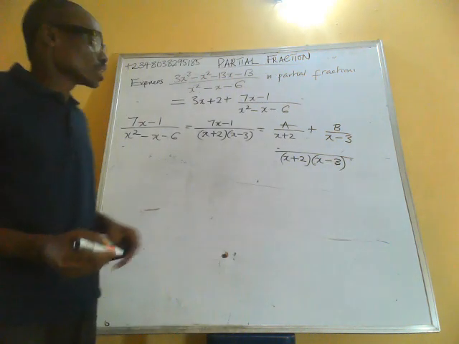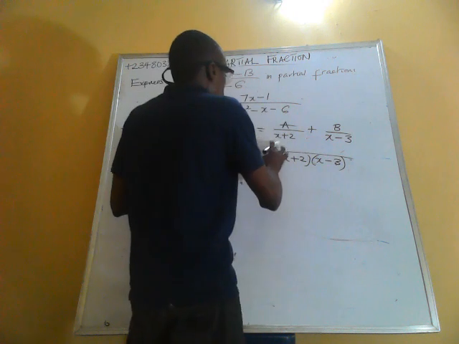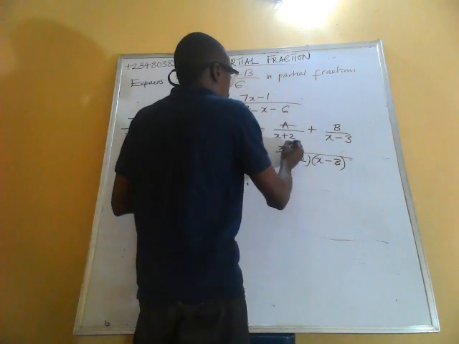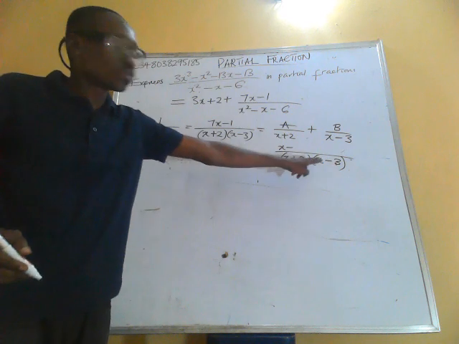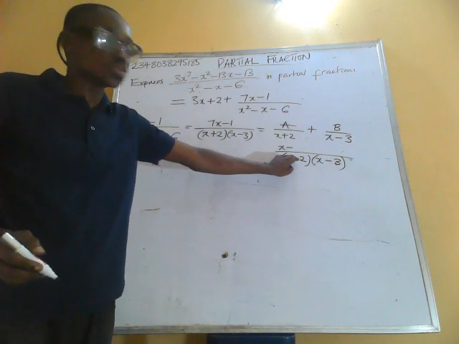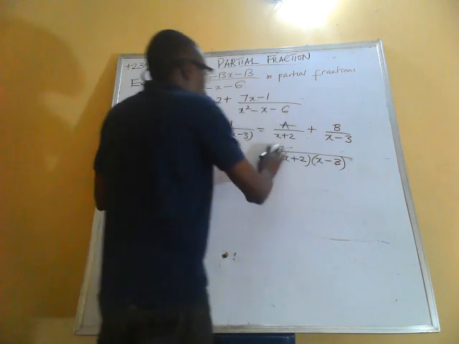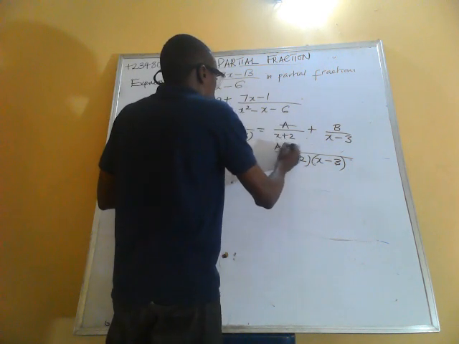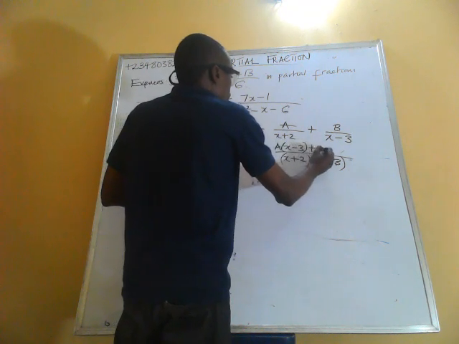Over here you have x plus 2 in x plus 2, x minus 3. X plus 2 cancels x plus 2, leaving you with x minus 3. So x minus 3 times A gives you A into (x minus 3).